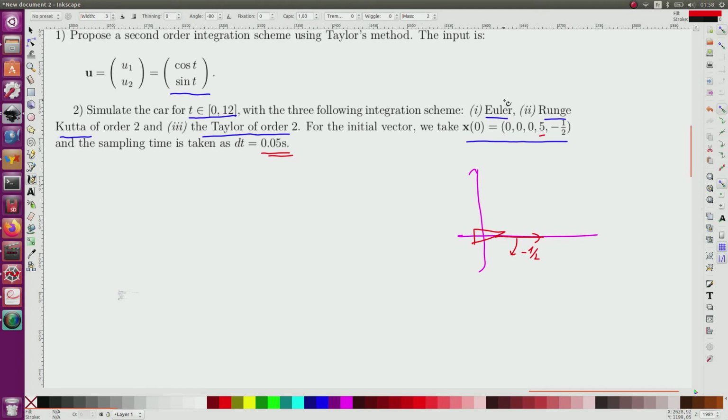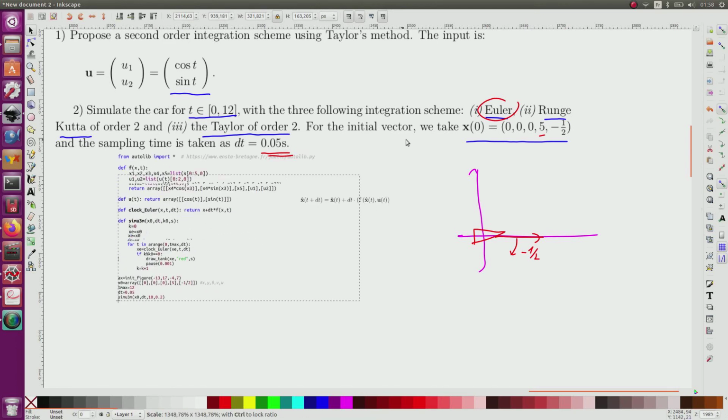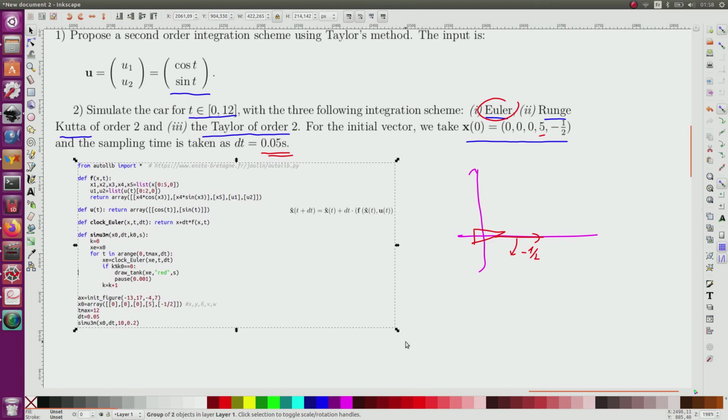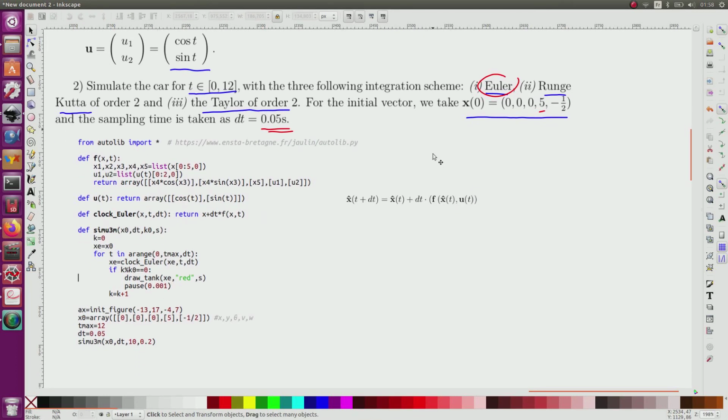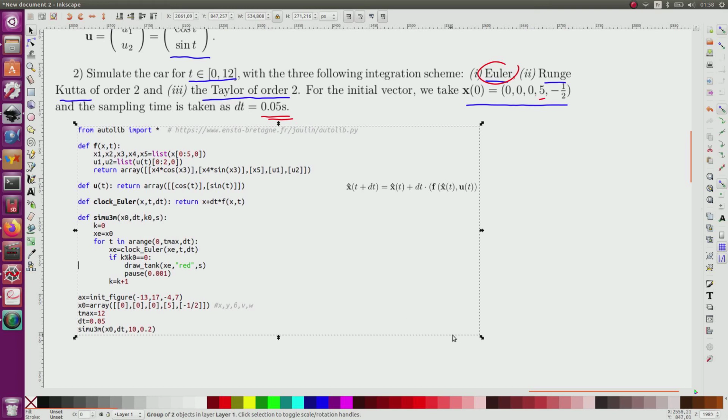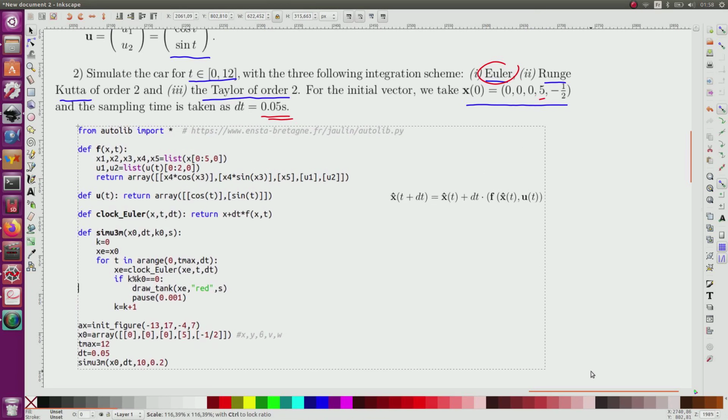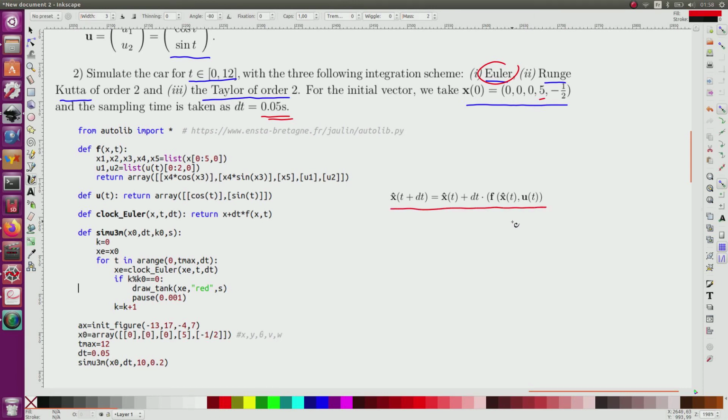I will first start with a simulation with an Euler integration. I propose the following Python program. Here is the Euler integration chain, which is represented here.